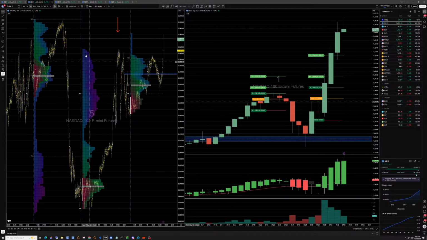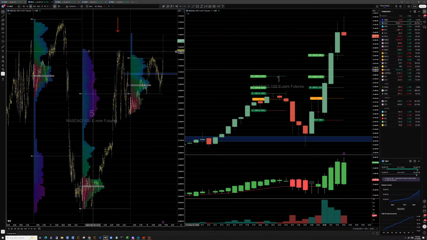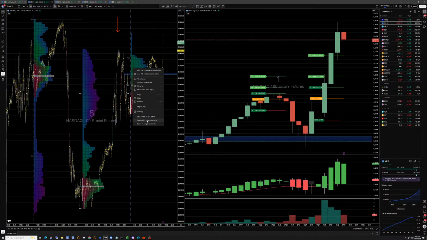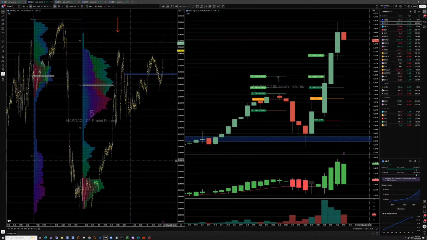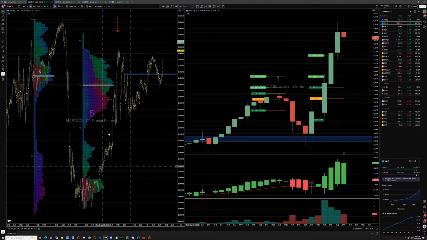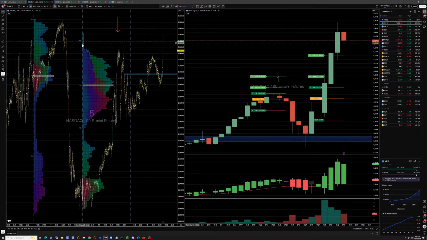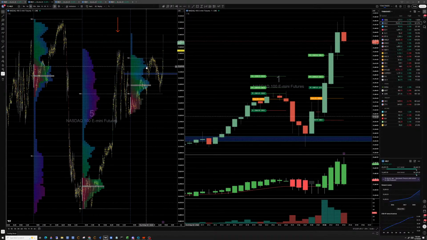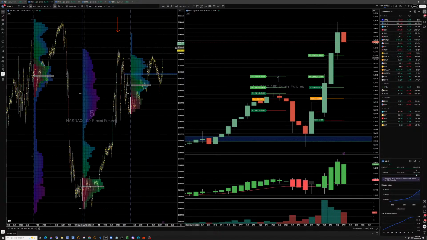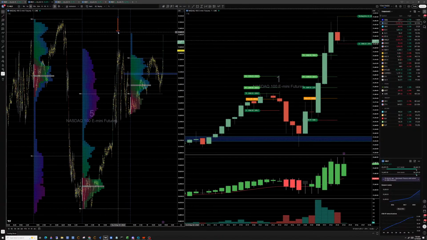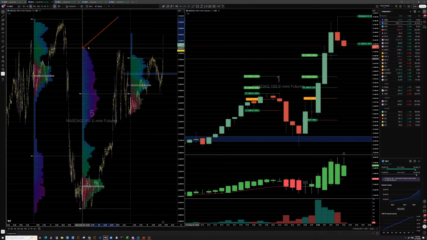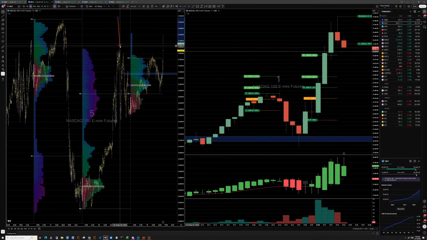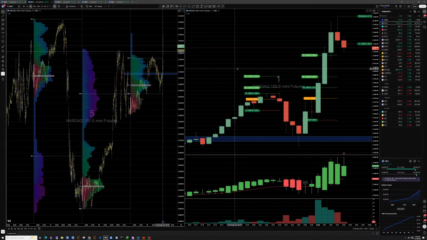It was double and double, but if you merge those together, now the profile looks complete. The bottom doesn't, but we just added that little high in there today. I don't know if it's going to reject it or not, but it would definitely be placing the top right on that old poor high. So that's what I was thinking at open.